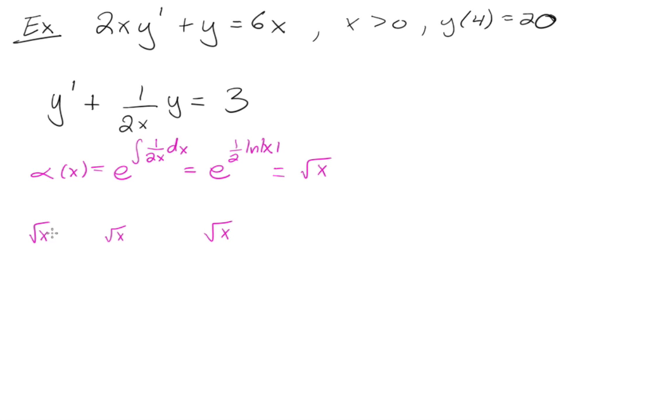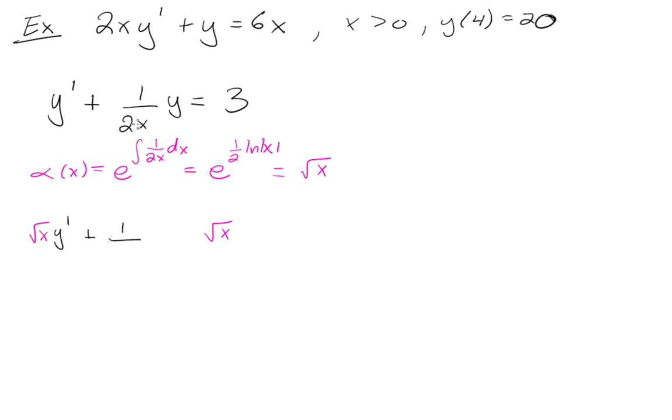So then I get square root of x, y prime, plus, well, if I multiply that by square root of x, this one, what would I get? What is that equal to?